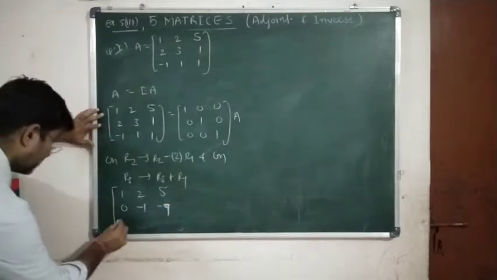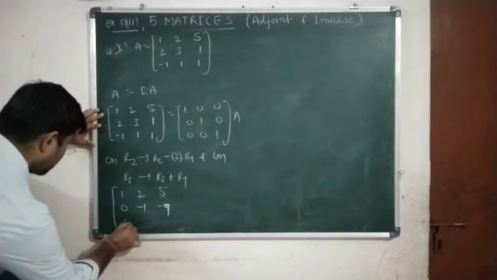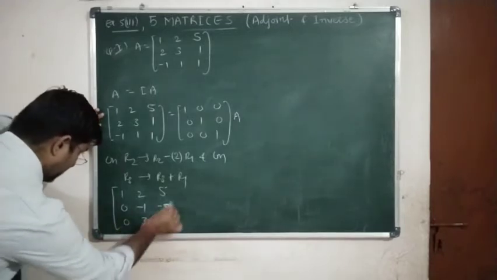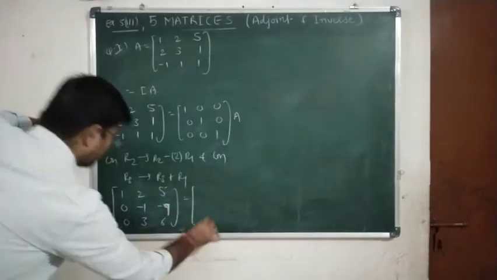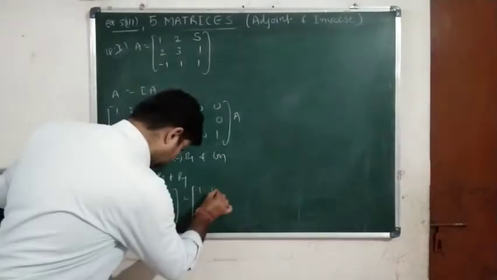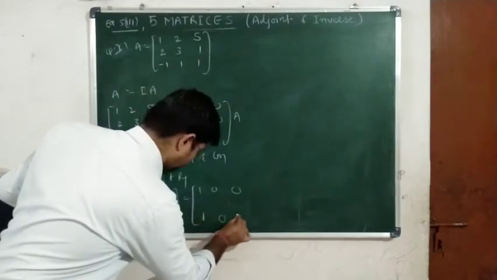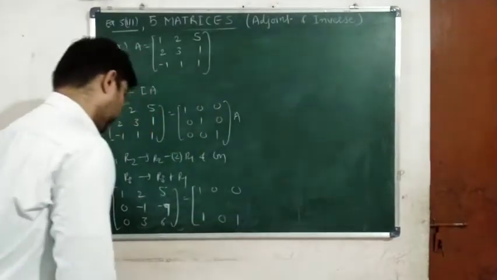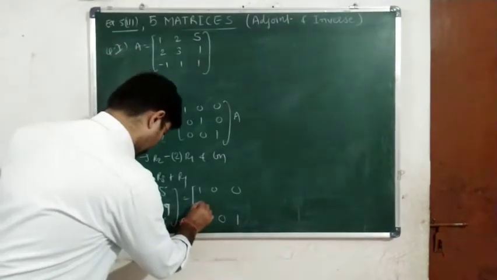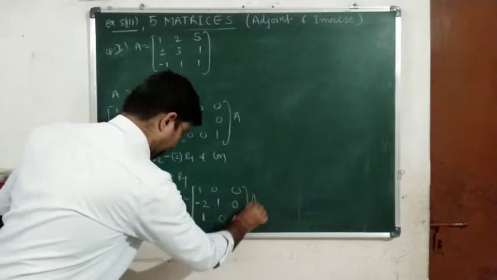Then adding R3 plus R1, so 0, 3 and 6. The identity side: 1, 0, 0, and 1, 0, 0 plus 1, 1, 2, 0 minus 2, minus 2, 1, 0. Okay, done.